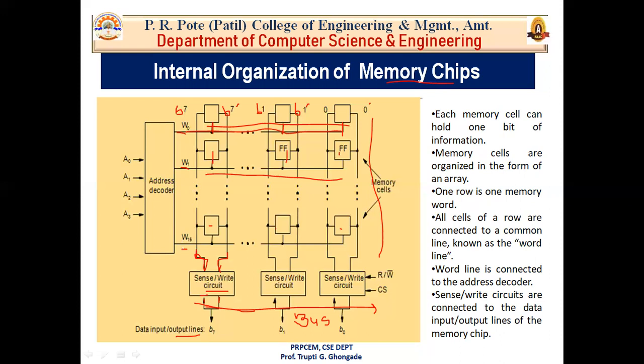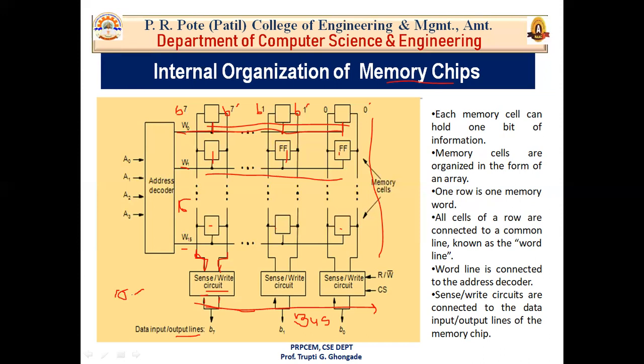And what is the length of each word? 8 bits, because we have 8 bit lines from B0 to B7. So this is the memory organization, that is 16 by 8 memory organization.